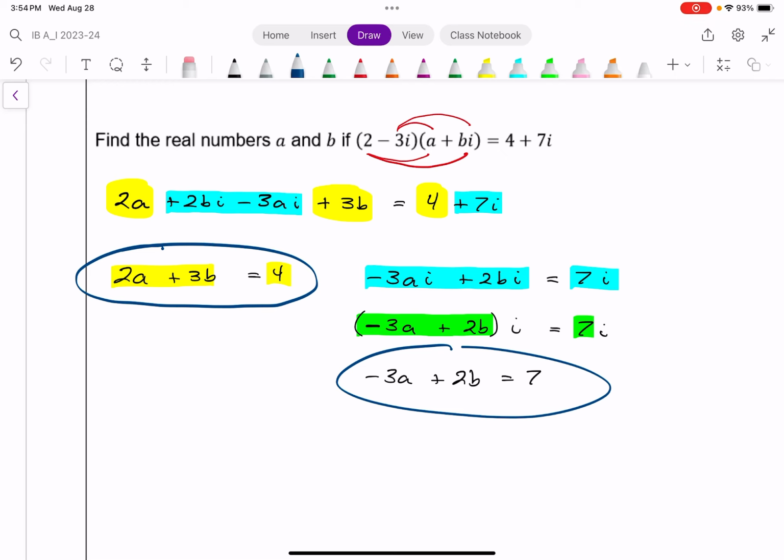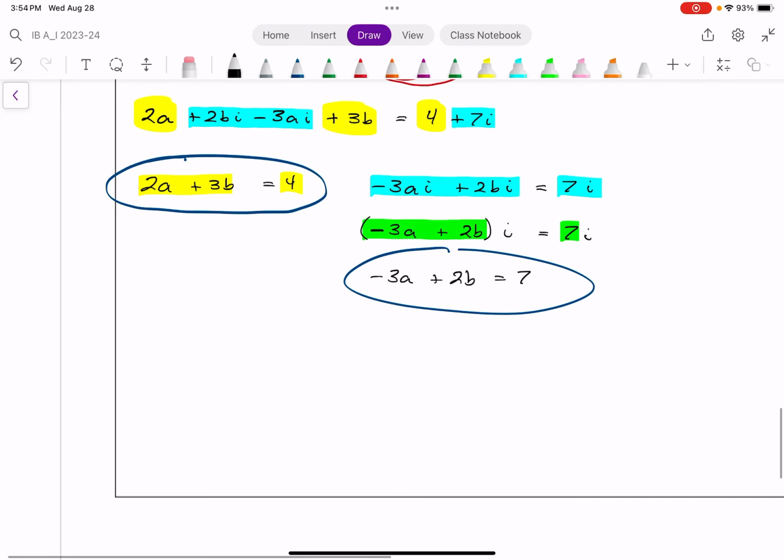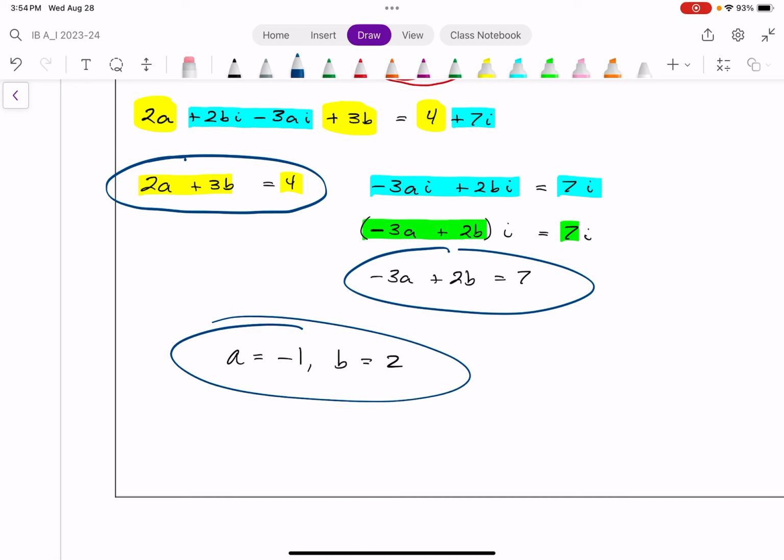You can do this algebraically. Ideally, you can just use your GDC, the simultaneous polynomial solver. However you do it, you should really quickly now get, because the hardest part should be done, a equaling exactly -1 and b equaling exactly 2. And since we get such nice values, whether you solve it algebraically or not, should be fairly quick.